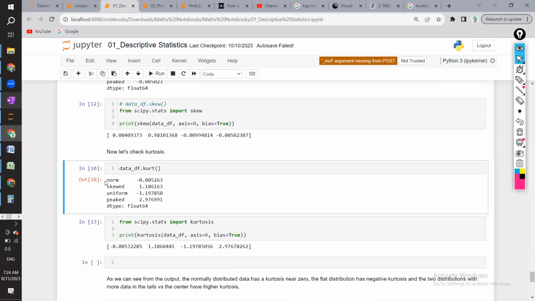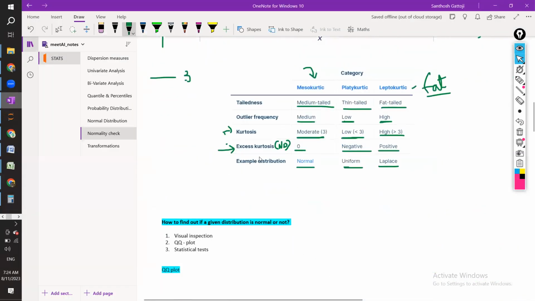So when it is normal and it is equal to zero, what type of kurtosis is it? Is it normal kurtosis or is it excess kurtosis? It is excess kurtosis, correct? Because only in the excess kurtosis, when it is a normal distribution, you will have a zero. But if it's normal kurtosis, it will be 3.